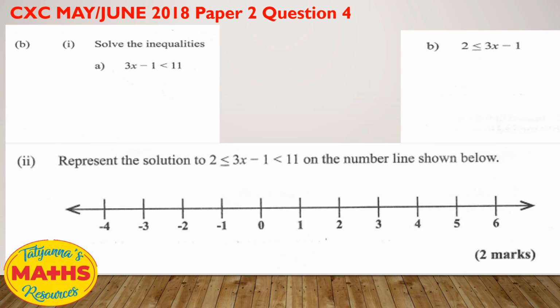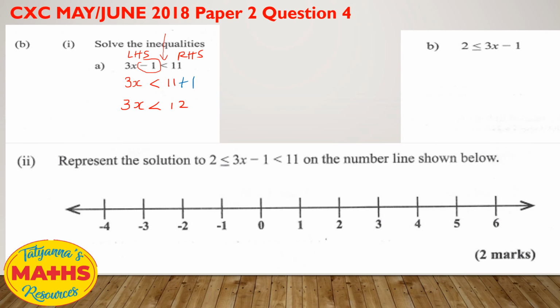Just like an equation, we are going to understand that this is the left hand side and this is the right hand side, meaning the left hand side of the inequality symbol, which is less than. So I'm going to keep 3x on the left hand side, 11 on the right hand side, but I'm going to move this minus 1. So it's going to become a plus 1. So we'll get 3x is less than 12.